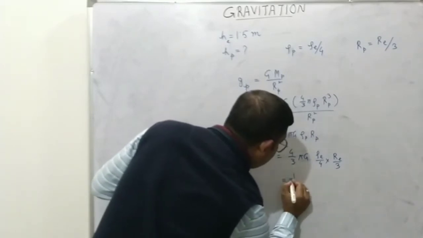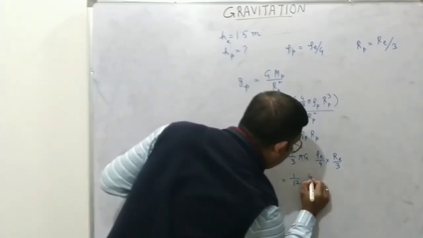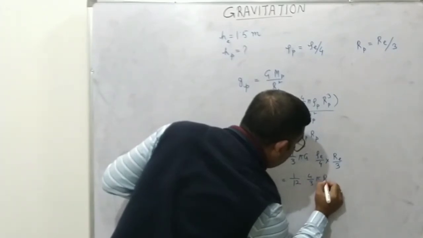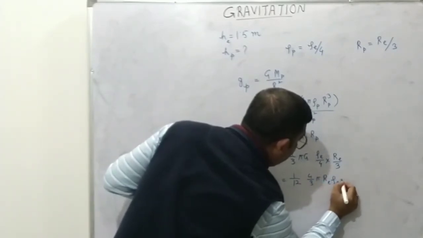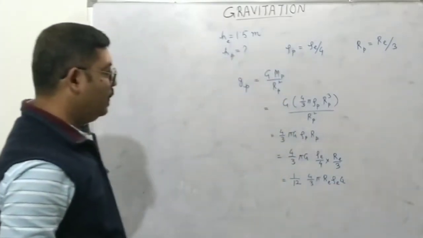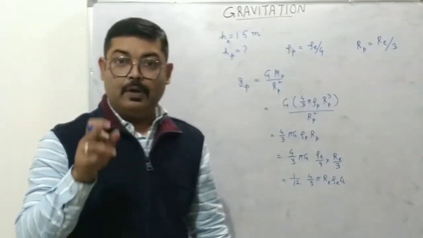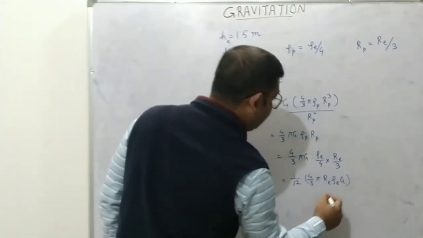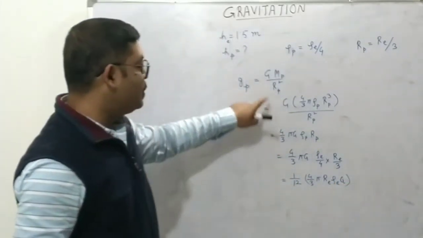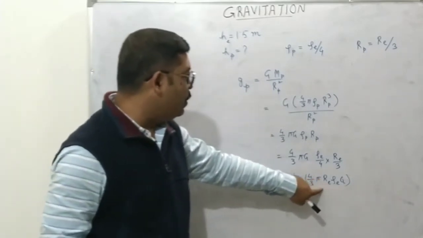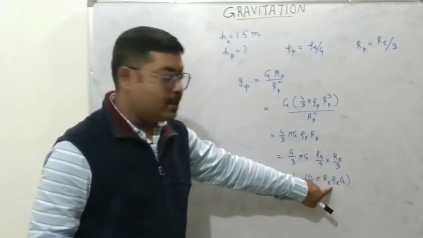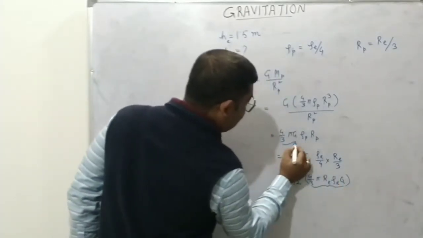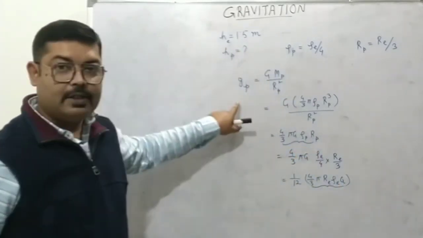So this will be 1/12 of 4/3 pi r e rho e into G. Now, if you remember, in my previous video we already found that this expression is equivalent to the expression that gives us the acceleration due to gravity on Earth's surface, like this gives us the acceleration due to gravity on the planet's surface.